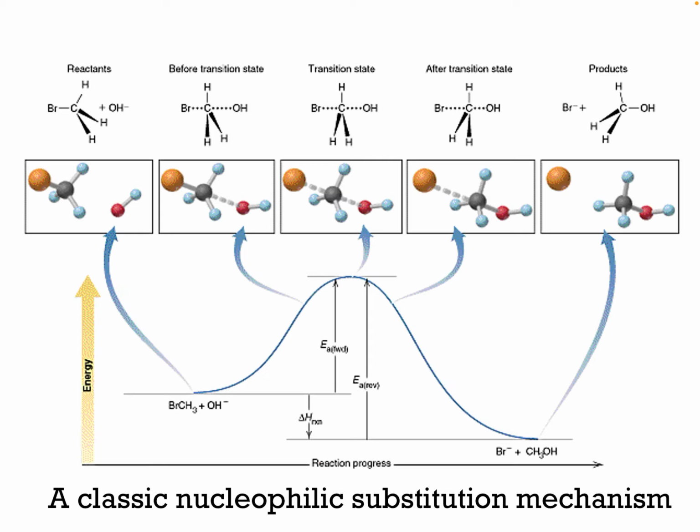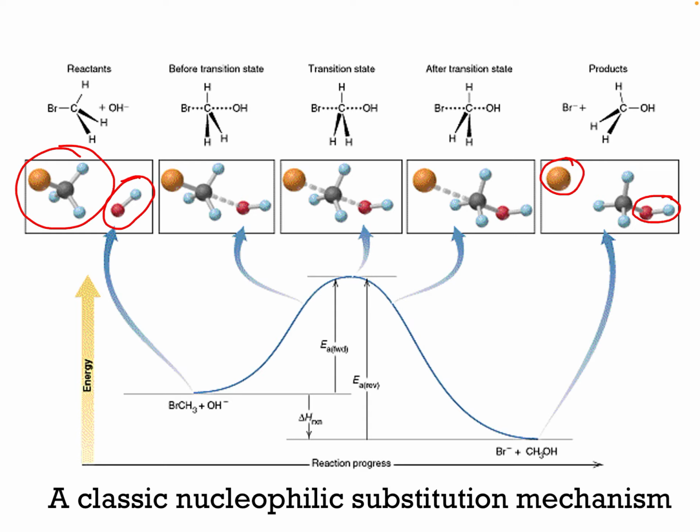This is a nucleophilic substitution mechanism. This would be what you would look at in organic, but the reason I'm including it is because you can see the transition state here. So we start off with methyl bromide, okay, so that's this guy, and we have a base, a hydroxide. And over time, what's going to happen is this hydroxide is going to kick out the bromine, okay, so the hydroxide is going to add on, and the bromine will leave.